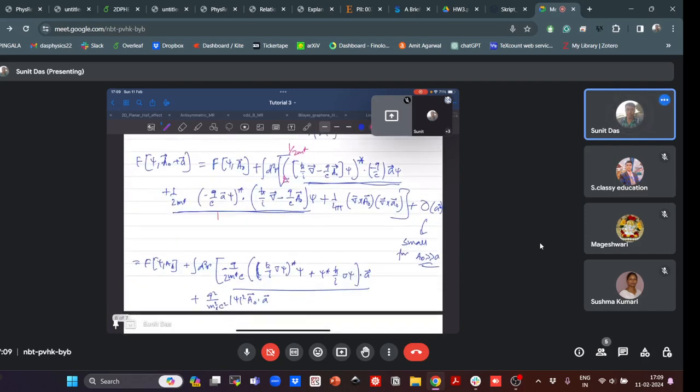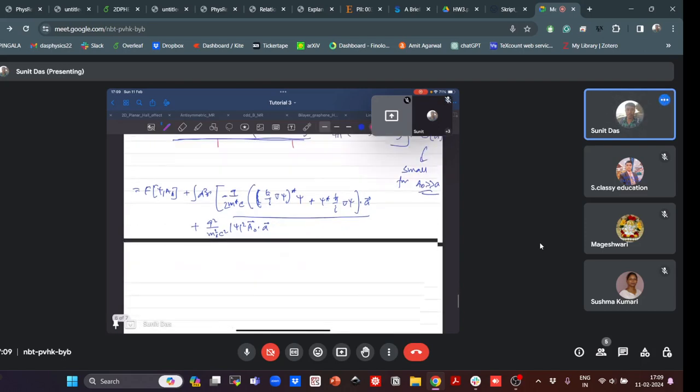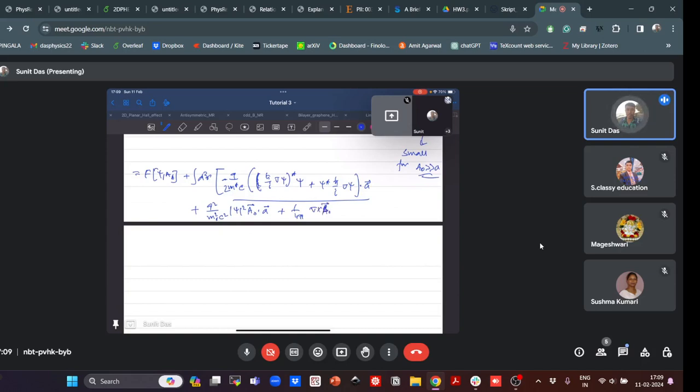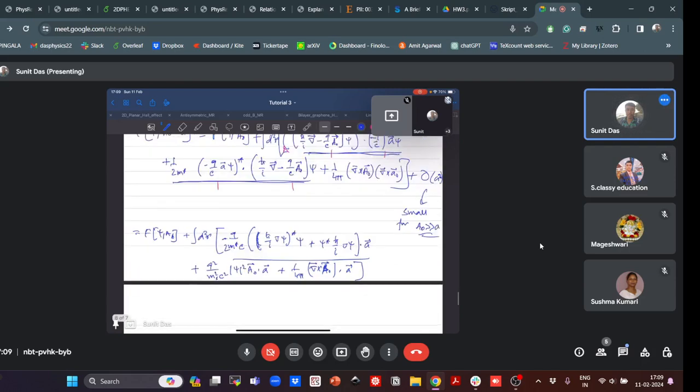So this and this and this. We'll have plus 1 by 4 pi curl of A0, dot curl of A. So this is the total term.